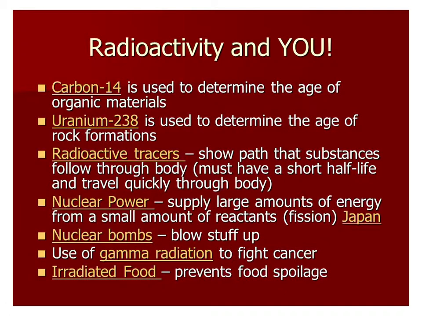Radioactive tracers show the path of a substance through a body. They have to have a short half-life and travel quickly through the body, but they can illuminate areas where you have cancerous growth or some type of abnormal cell growth, or help you trace the blood pathway and see if you have internal bleeding anywhere.